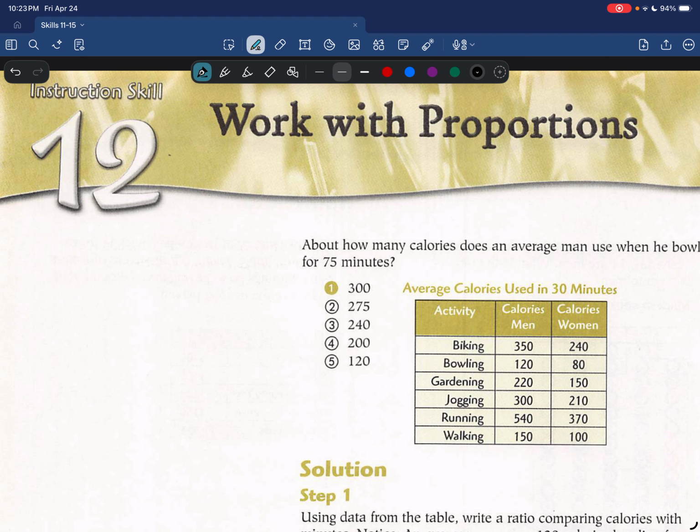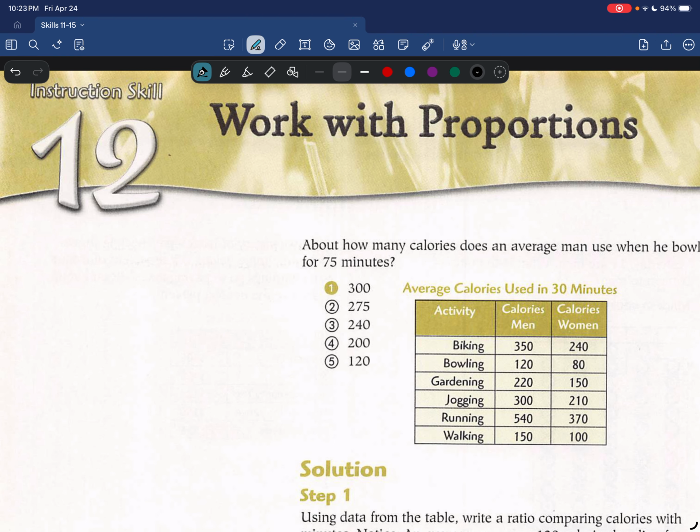Now, the first thing I notice is the phrase about how many. So that suggests to me that I'm going to have to round, possibly. But the word average calories indicates that maybe the rounding has already been done. But let's see what we get. So we are talking about bowling, calories, and minutes.